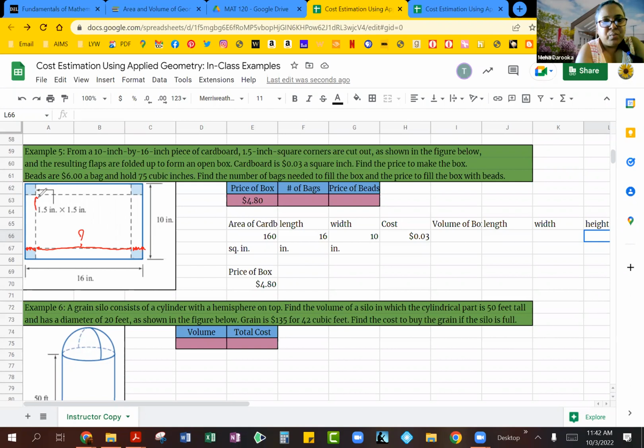Same thing with the width of the cardboard. You will be cutting off this from the width, and you will be cutting off this from the width. So what again would become the length and the width of your box? And then Sabrina, as you said, the height would be what corner pieces you are cutting off.